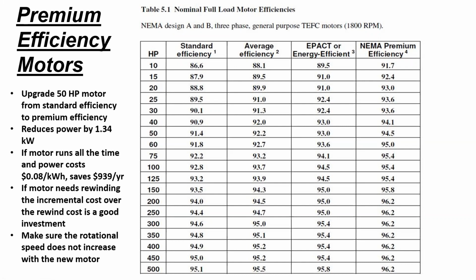And whenever we do a rewind, we have to make sure that the efficiency is measured, so it's not too bad. And of course, with more efficient motors, we might get a faster rotational speed. In some applications that might be good, but faster speed means more energy use, so we have to be careful of that as well.